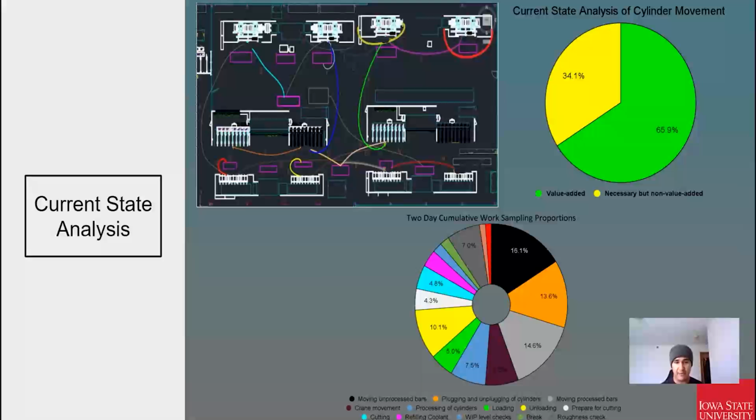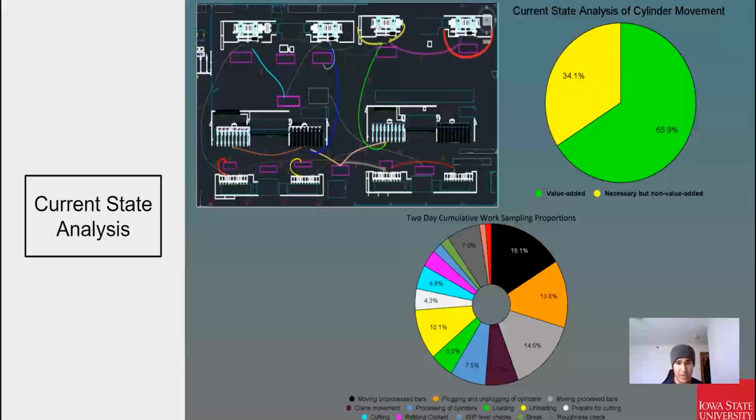What we found out from the spaghetti diagram is the current state analysis of cylinder movement pie chart represented on the top right corner, and represented with 34% is the necessary but not value added in yellow, and represented with 65% value added in green.